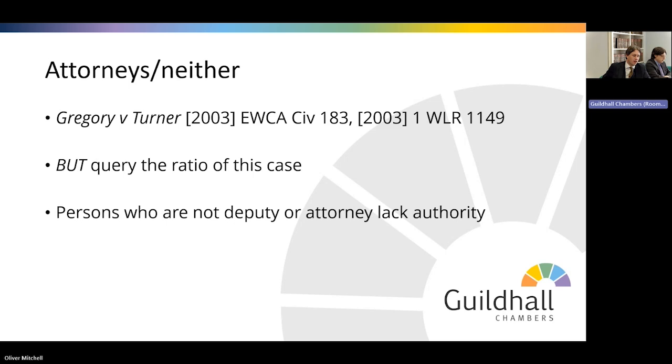When you actually look at the case, and you can see discussion of it, for example, in Hayward and Massey, when you actually look into the ratio of the case, it's an interesting case, and it concerns the sort of point that the council might find interesting, which is the extent to which someone can be authorised as an attorney to conduct litigation in court and to exercise a right of audience.